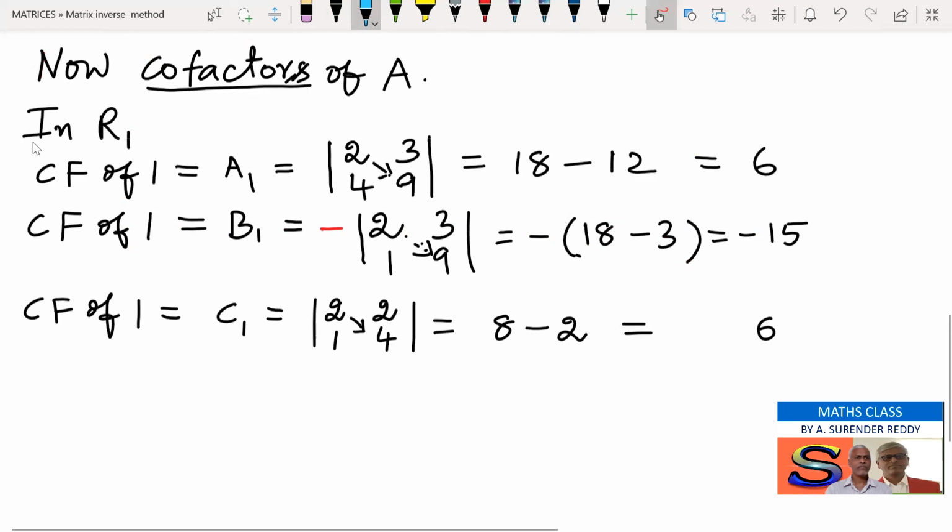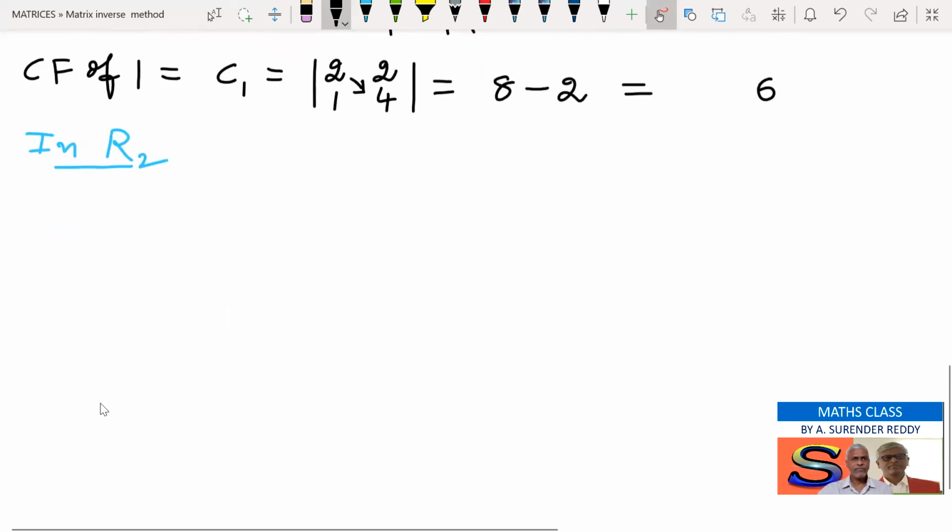Next, in R2, the cofactor of the R2 first element 2. Let us name it as A2.